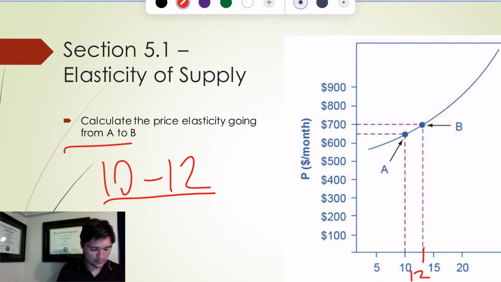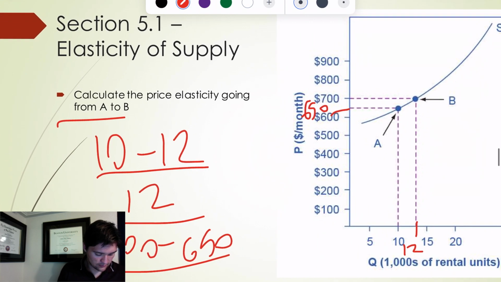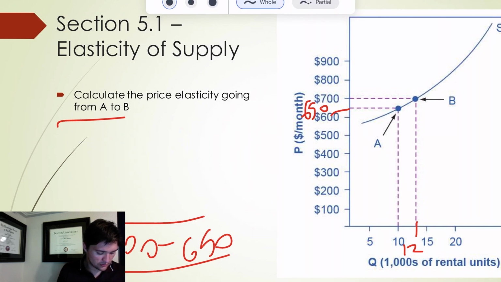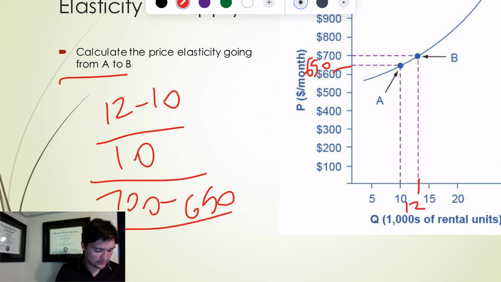All right, let's say it's 12. Hold on, I mixed that up. Sorry. We're going A to B, so the new is B. So that would be 12 minus 10 divided by 10. If you caught me, good job. Then we'll do 700 minus 650 divided by 650.